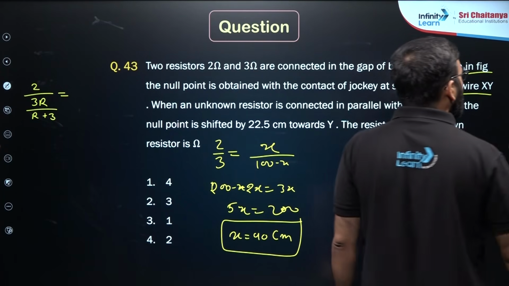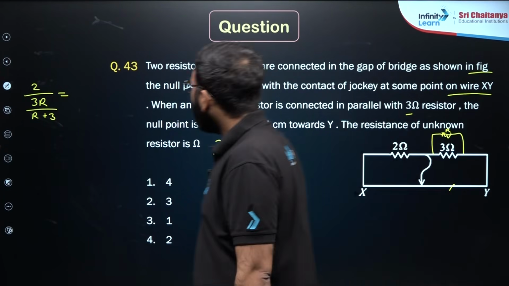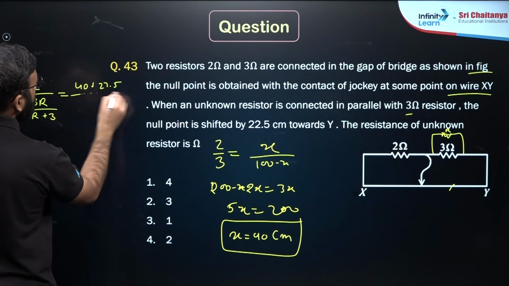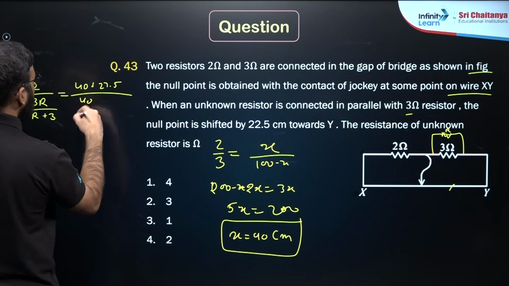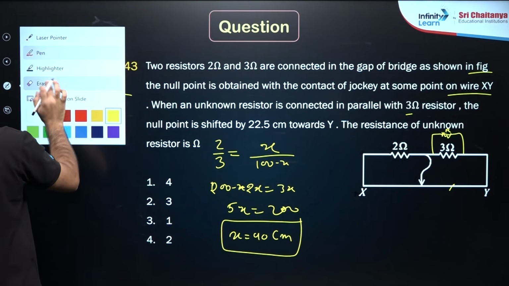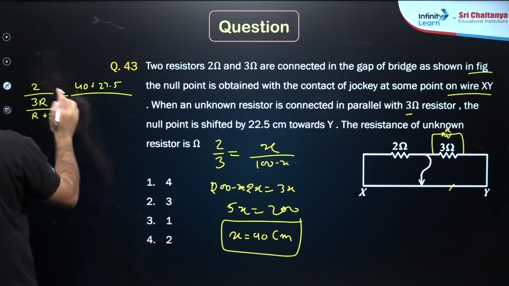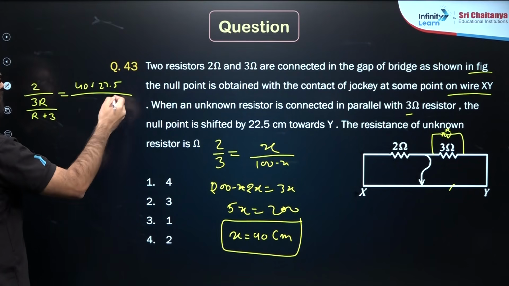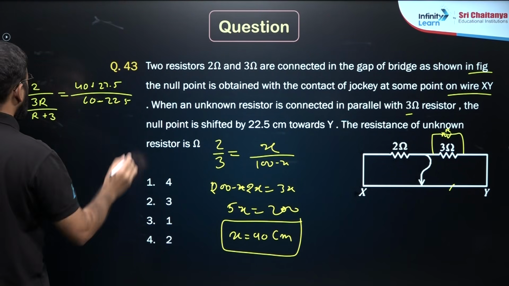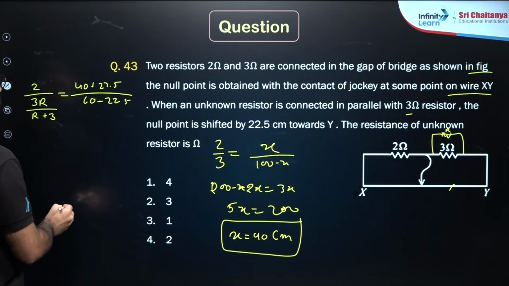So we can also add this: 40 plus 22.5, divided by 100 minus 40 plus 22.5, so 60 minus 22.5.